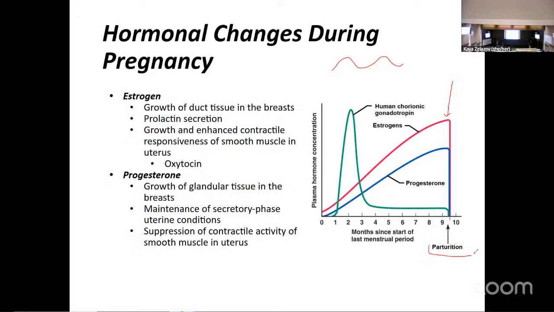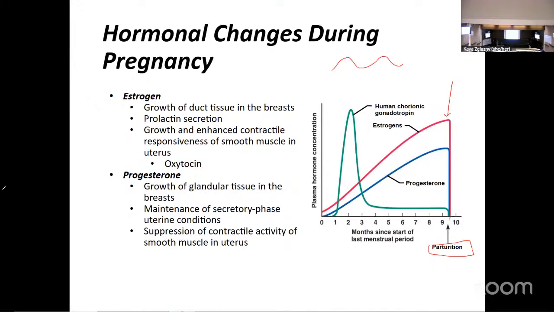Here's parturition. That's our word for birth. Okay. Progesterone, we see the same thing happening. We see progesterone going up and up and up. And we can see that dropping down again right at the time of birth as well.